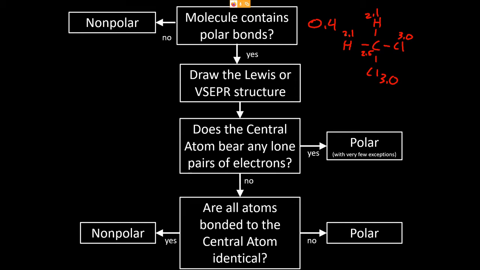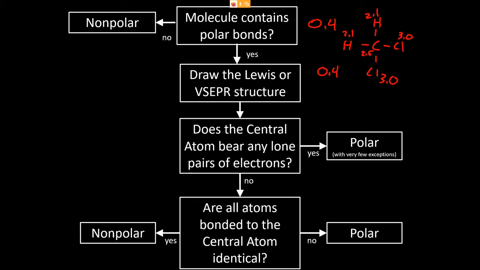So if we compare the electronegativities of carbon and hydrogen, the difference between those two is 0.4, because we have 2.5 and 2.1. Those bonds are not polar because they have to have a difference greater than 0.4 to be polar.